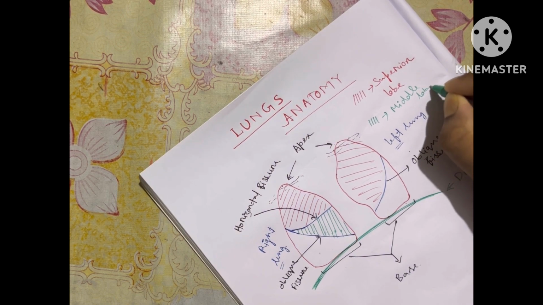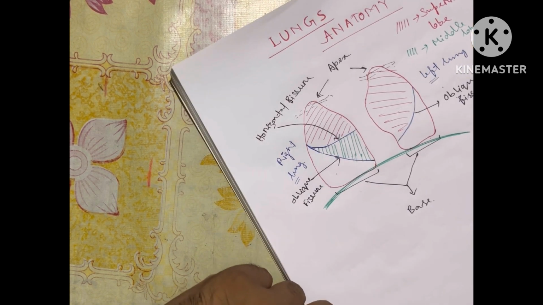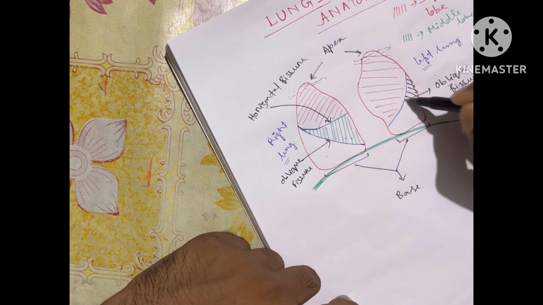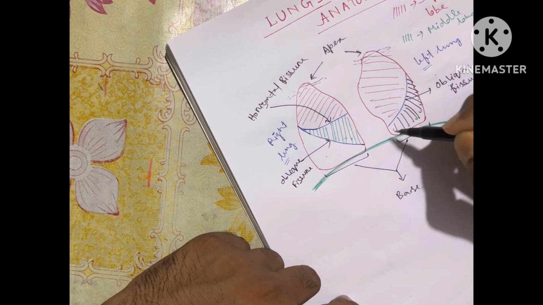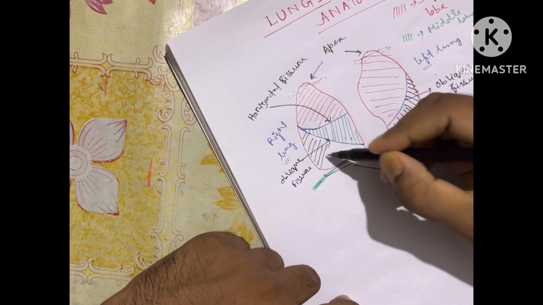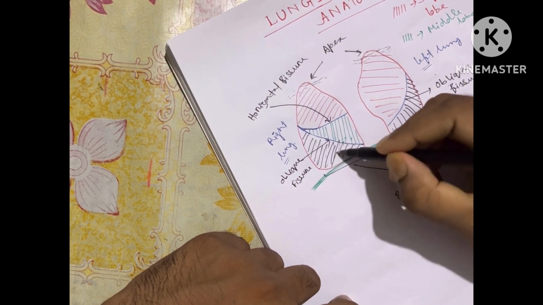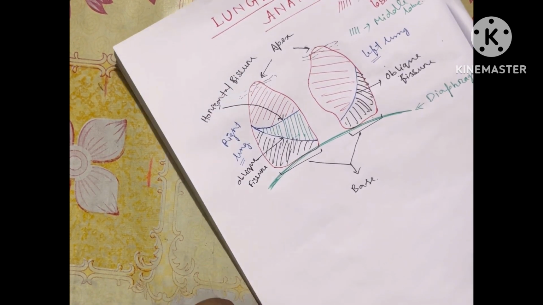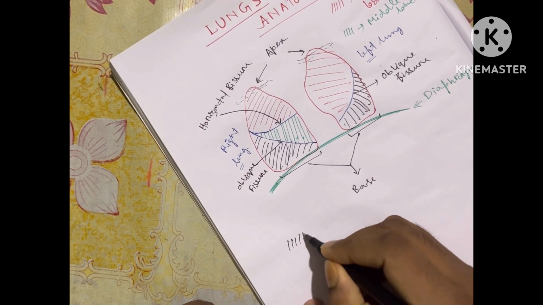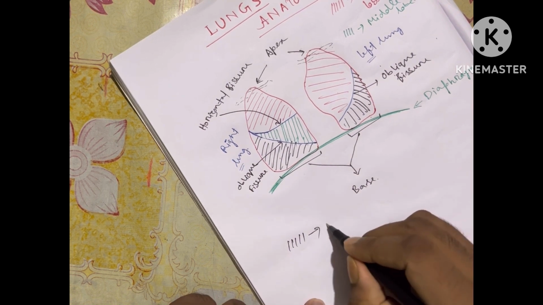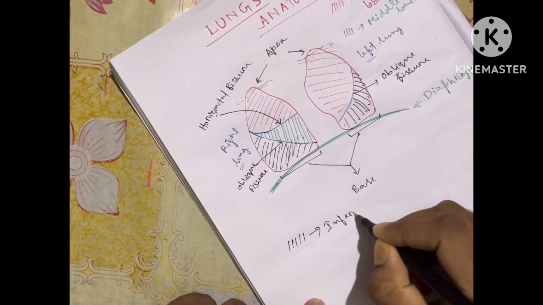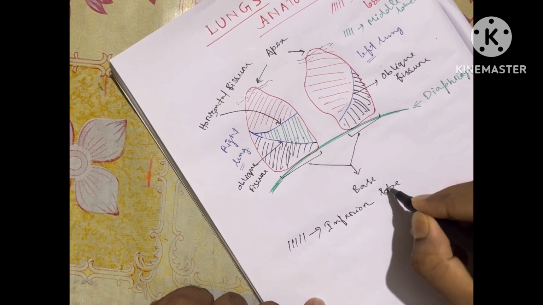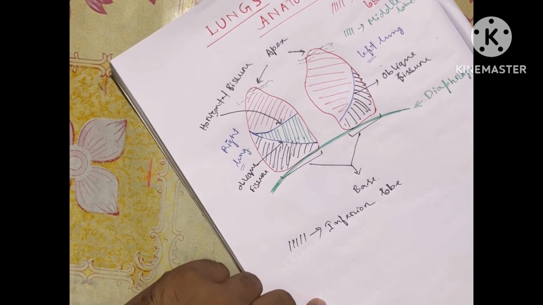And the segments with black markings are called the inferior lobe.